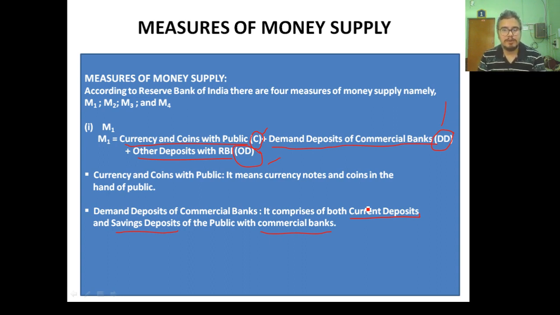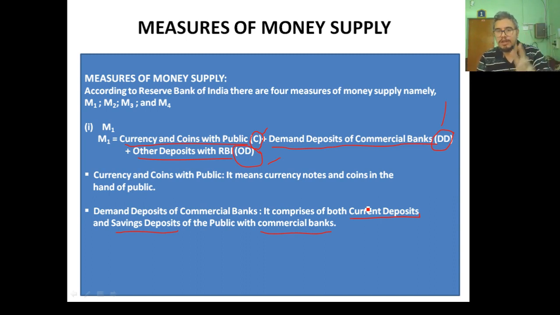But in current deposits, there is, as we see, demand deposits. Demand deposits means those kinds of deposits from which you can withdraw your money on your demand, on your need. When you are in need, you can withdraw the money. When you are not in need of money, you can leave the money deposited in your account.